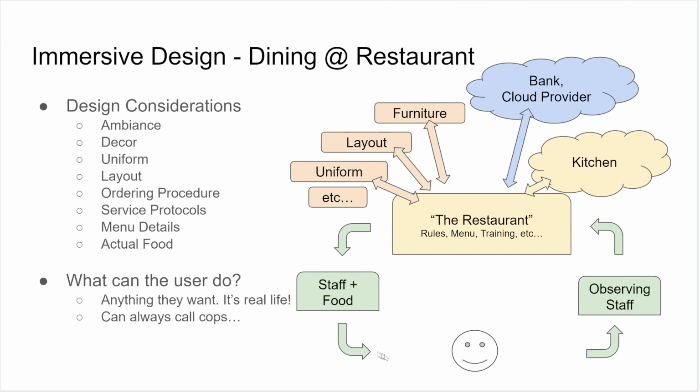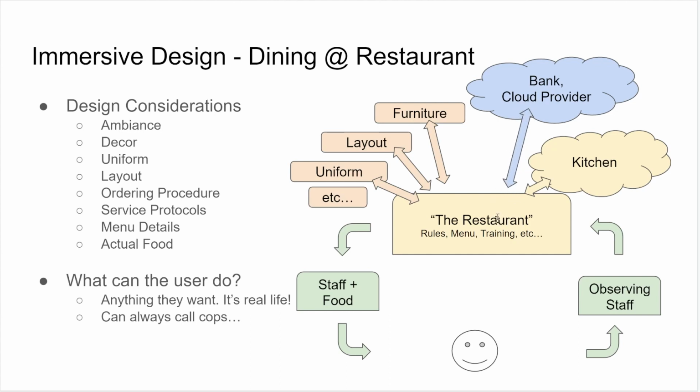But if it's a happier circumstance and all the ingredients are available, then you end up getting your food. You eat your food, you're all happy, maybe you want to go pay, and then you tell the staff member that you want to go pay. You get given the machine to pay, and then it goes up here. Maybe you have a linked external system here.